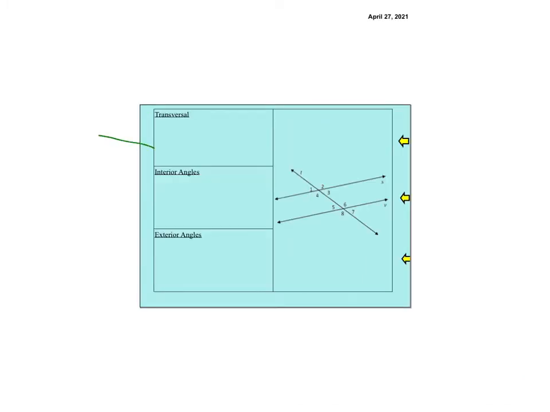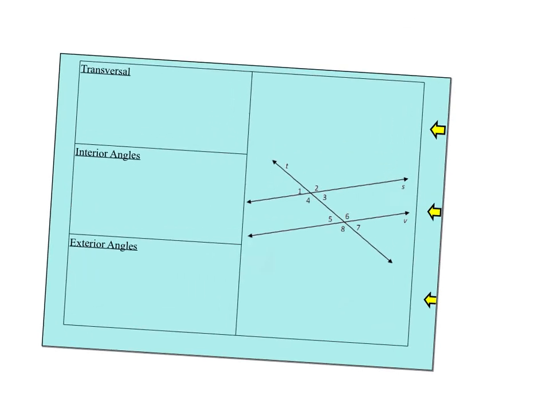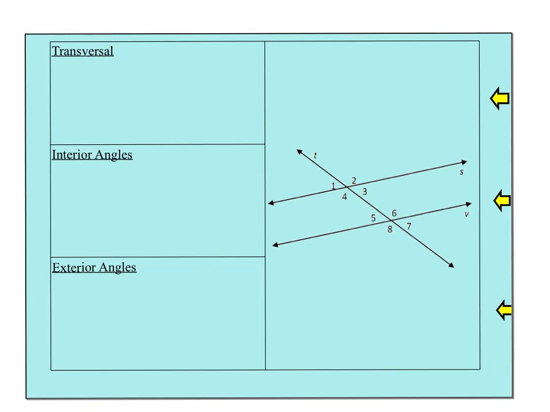Now let's focus more on what happens with parallel lines. Anytime you have two parallel lines, and we're saying that S and V are parallel, this is the symbol they'll use, two little parallel lines. That's the way you write parallel.